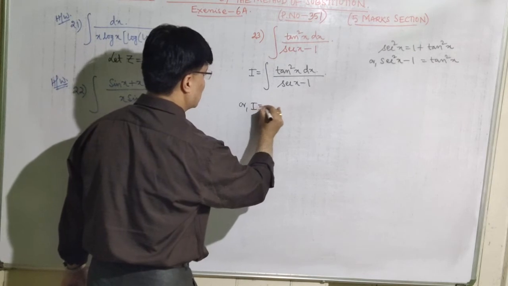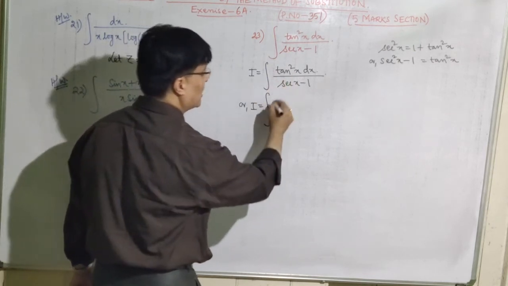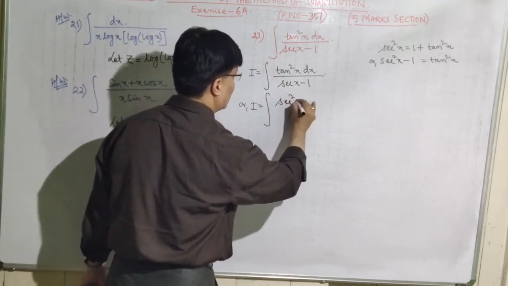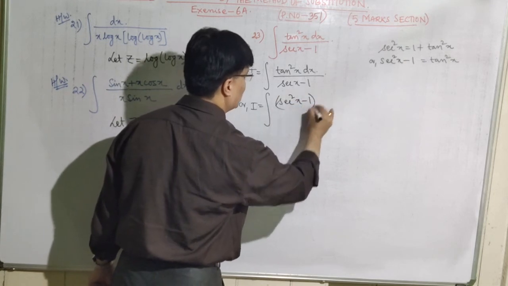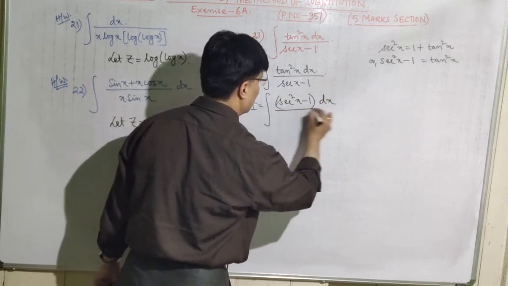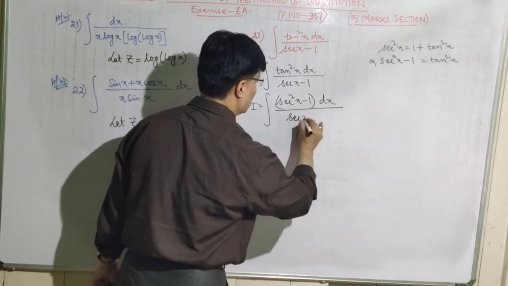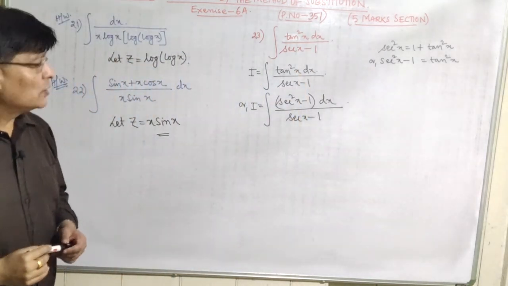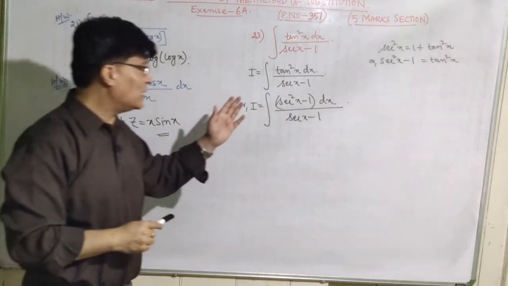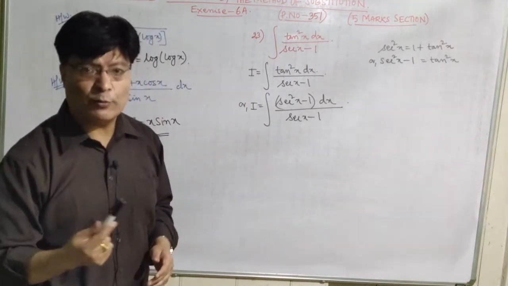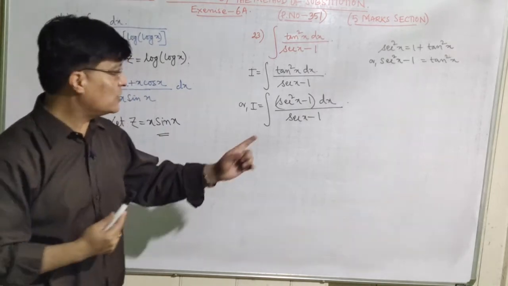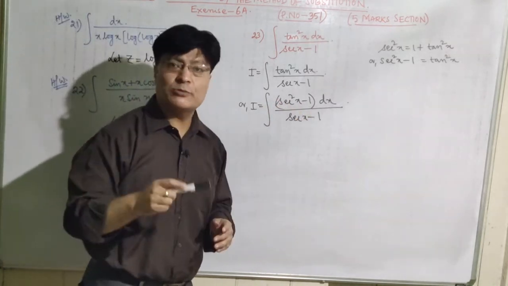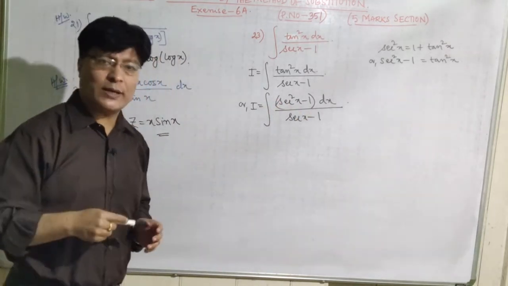Or I is equal to integration of, what is tan square x? Here you can write sec square x minus 1. Let us put it in bracket. Dx divided by sec x minus 1. Is that clear? So now in the numerator, again you can use the formula, but that formula is from algebra. That is a whole square minus b whole square. So what is a square minus b square?